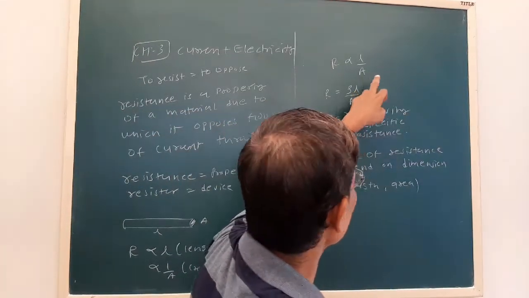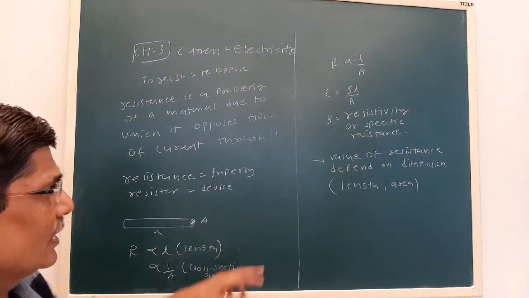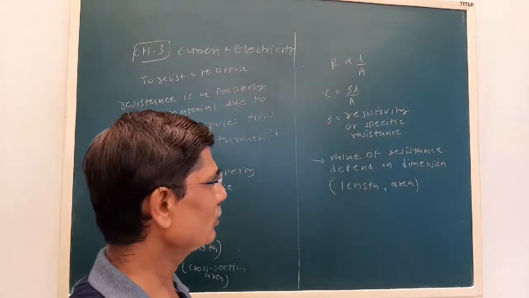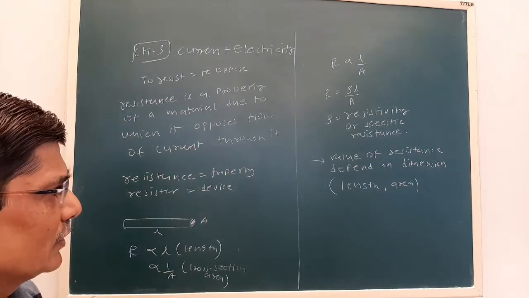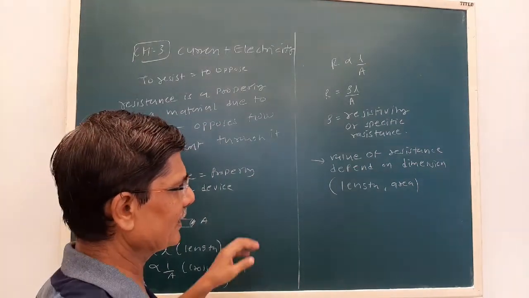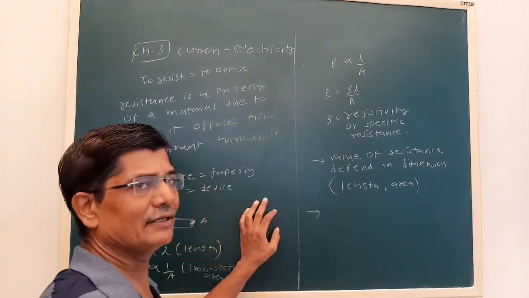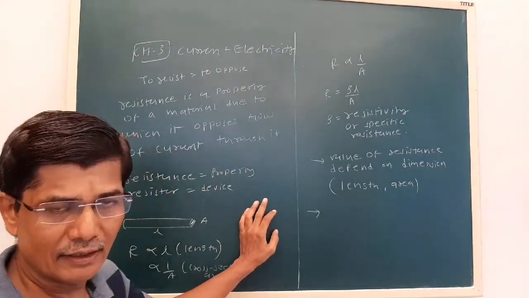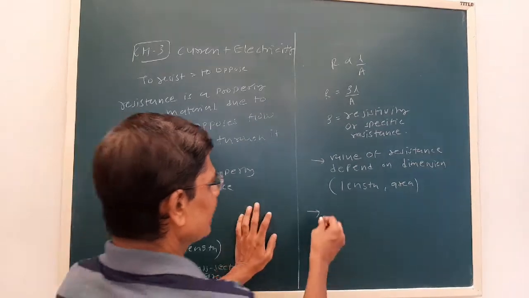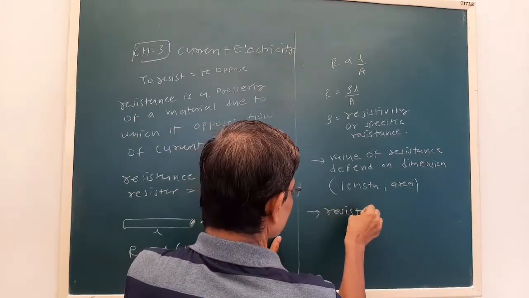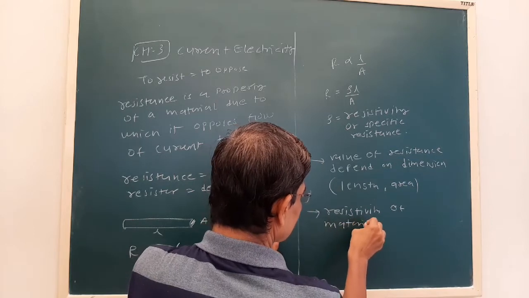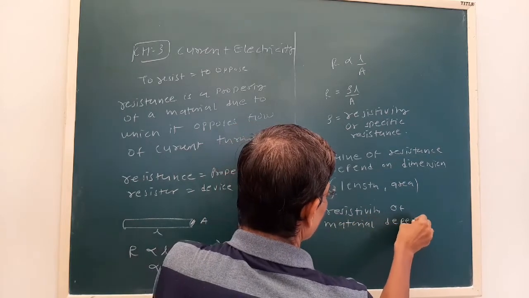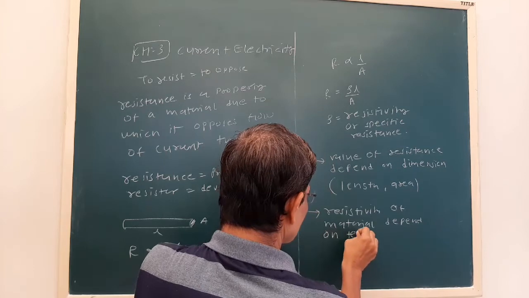So R varies as L by A, R is equal to rho L by A. Rho is called the resistivity or the specific resistance. But we will discuss later in the subsequent topic that the resistivity of a material depends on temperature.